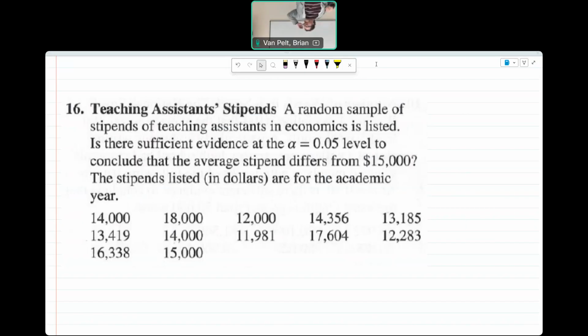Now, when you've made a decision on what kind it is, call me over so I can tell you if you can proceed, because I don't want you to get started and then go down the wrong path. It'll waste your time.